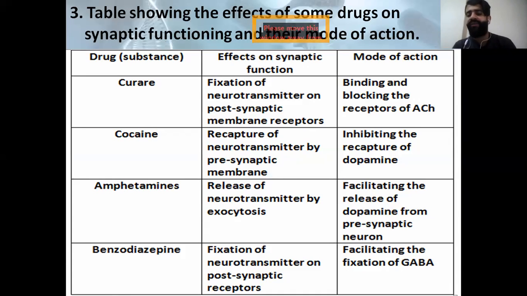Curare works on the fixation of the neurotransmitter on the postsynaptic membrane. Cocaine blocks or inhibits the recapture of dopamine by the presynaptic terminal. Amphetamines facilitate the release of dopamine from the presynaptic neuron. And benzodiazepines have a role in facilitating the fixation of the neurotransmitter GABA.